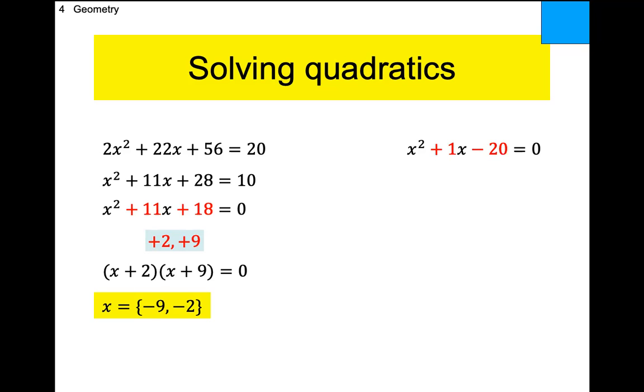Okay, so I'm looking for multiplication. I always start with 1. I just don't want to see it. What 1 times what is -20? Does that give me +1 if I add them together? No. What's the next number? Don't overthink it. What comes after 1? 2 times what is -20? -10.